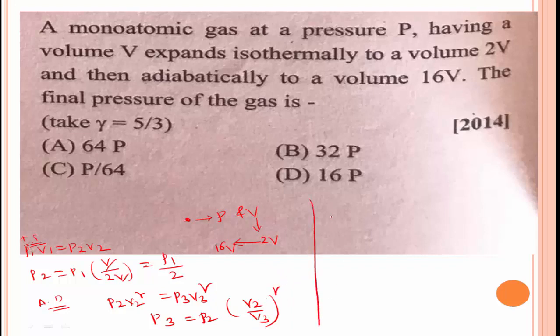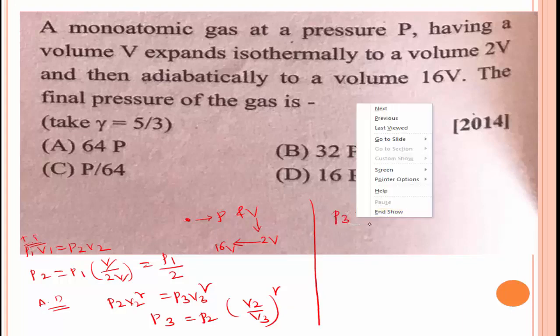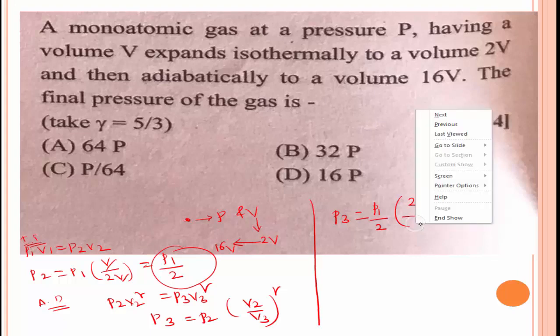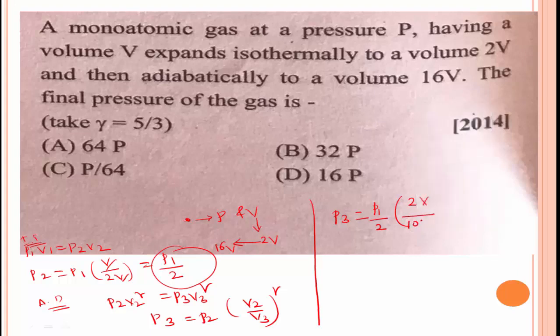Now substitute the values here: P2 is P1 divided by 2, into 2V divided by 16V, whole to the gamma, where gamma is 5 by 3. The gamma value is already given in this problem.